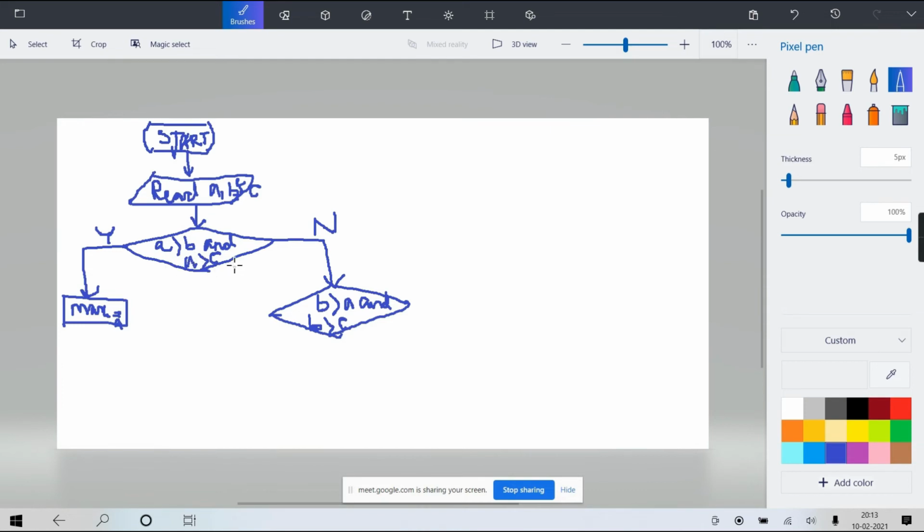But if A is not greater than both, check whether B is greater than the other 2. Okay? Yes. Then what you'll store in max? Max equal to B. But obviously, if B is not greater than both, C is maximum.